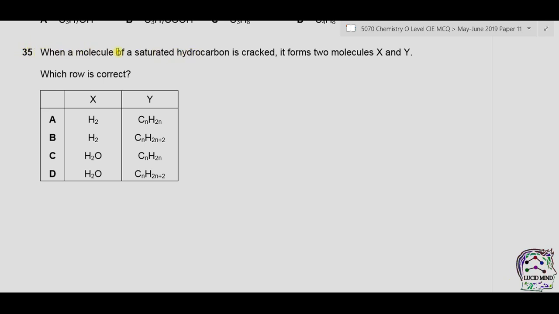Question 35. When a molecule of a saturated hydrocarbon is cracked, it forms 2 molecules X and Y. Which row is correct? Now saturated hydrocarbon means it consists of carbon-carbon single bonds, which is alkane. For alkanes, the general formula is CnH2n+2.